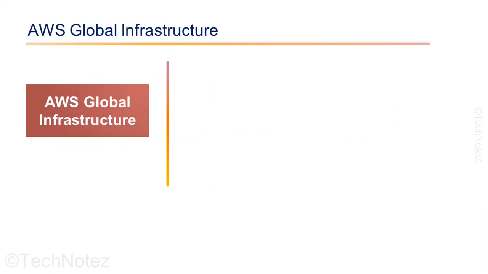AWS has customers across the globe and every customer wants better performance of the application. AWS hosted its infrastructure globally to provide low latency and high speed access to AWS services for its customers. AWS global infrastructure includes multiple components like regions. A region is a geographical area where AWS hosted its physical infrastructure. There are multiple regions, and each region consists of multiple availability zones.